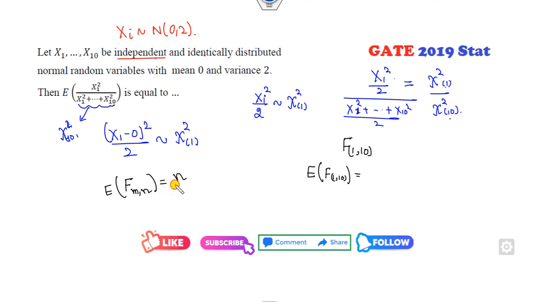The expected value will be n over n minus 2. So it will be 10 over 10 minus 2, that is 8. So 5 over 4, 1.25 is the right answer of this problem. Fine. So this is the way you can easily get this answer. So n over n minus 2, where n is the degree of freedom, is the formula for this problem.